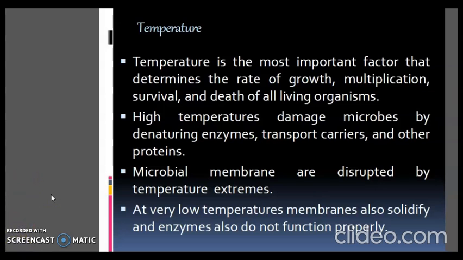At very high temperatures, the enzymes, carriers, and other proteins of the microbes get denatured. Microbial membrane also gets disrupted as the lipid bilayer melts. Hence, at high temperature, both cell function and cell structure are affected. At very low temperature, the cell membrane solidifies and the enzymes don't work rapidly, thus affecting the cell function.